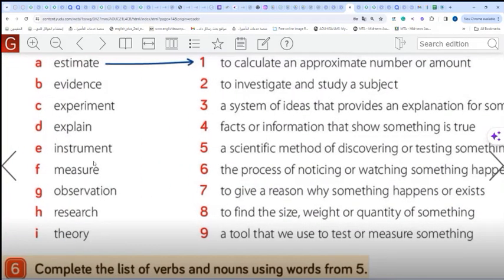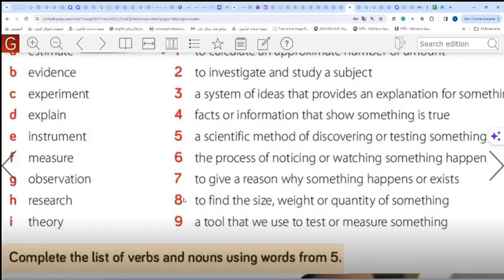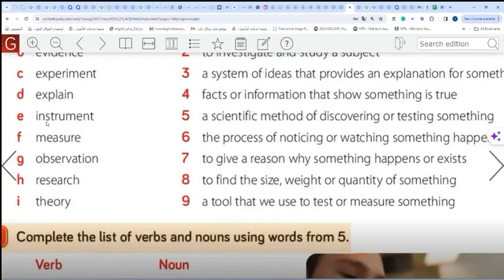So what do you mean by explain again? يشرح. Okay, يفسر يشرح يذكر سبب. To give a reason why something happens or exists. What about the next word? What do you mean by instrument? Number 9. Yes, right. An instrument is a tool that we use to test or measure something.